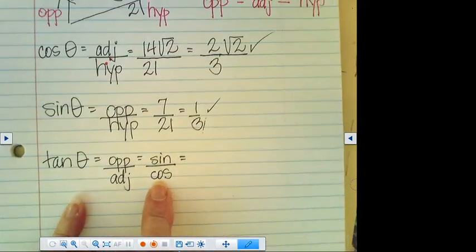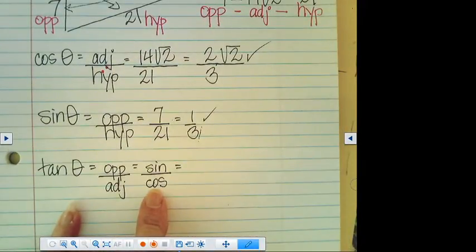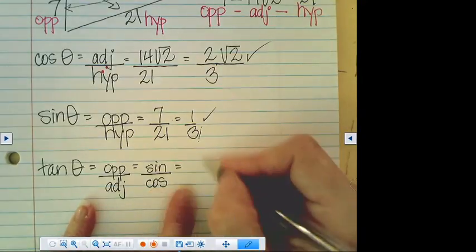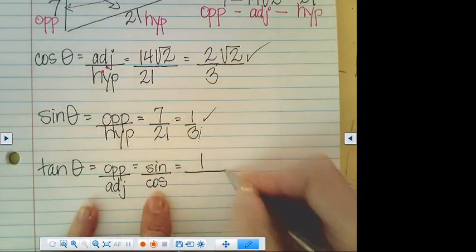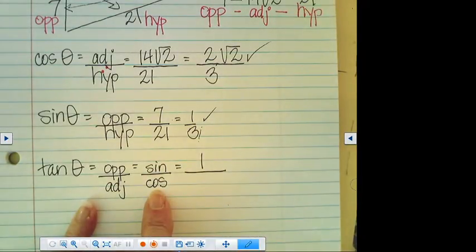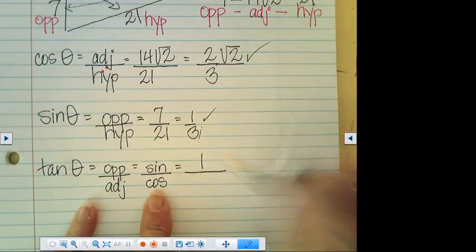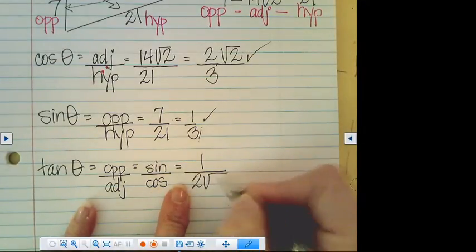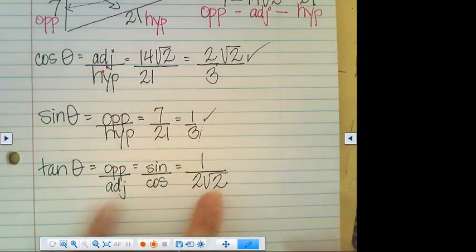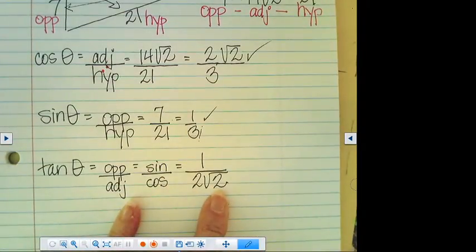So your two numerators, what's the numerator of sine? Is it 1? What's the numerator of your cosine? Is it 2 square roots of 2? All right, you know what? Here we go. We're going to have to rationalize this denominator.